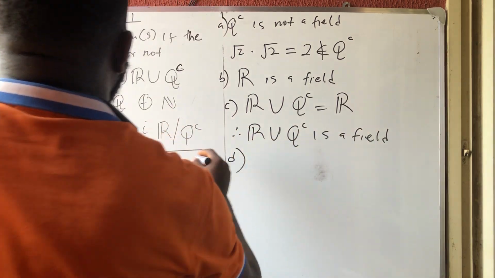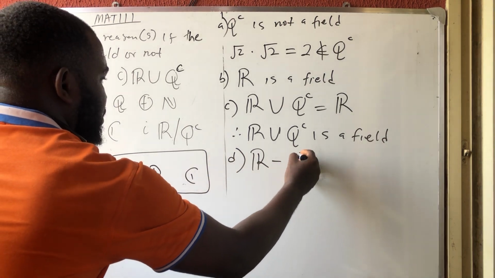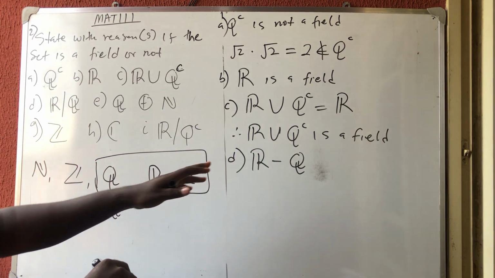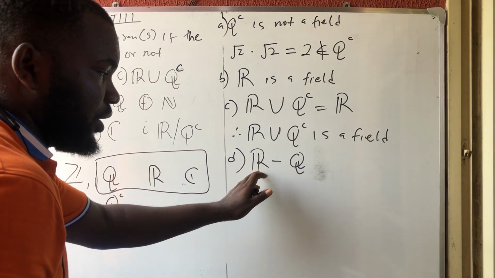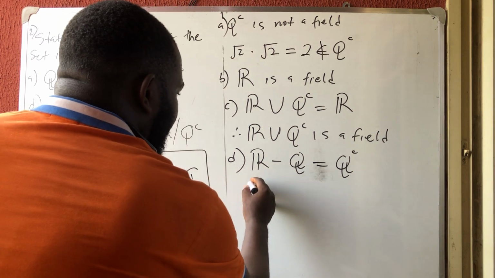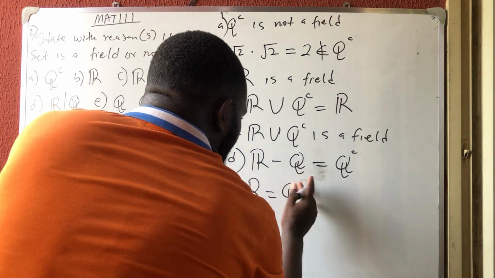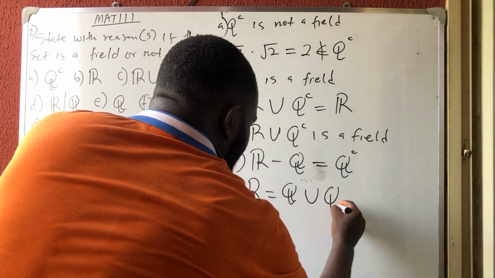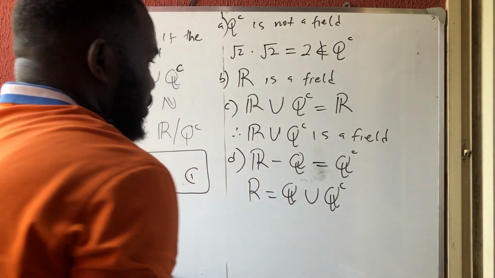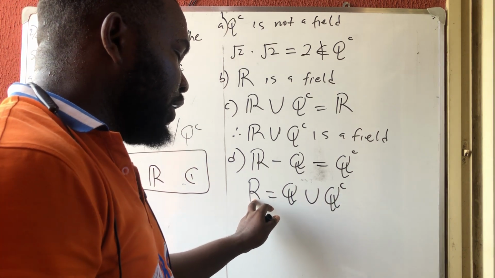Okay, D said R minus the rational numbers. If you remove the rational numbers from the real numbers, what remains is the irrational numbers, because the real numbers are the combination of the rational and irrational numbers. If you combine the rational numbers and irrational numbers, you get the real numbers.